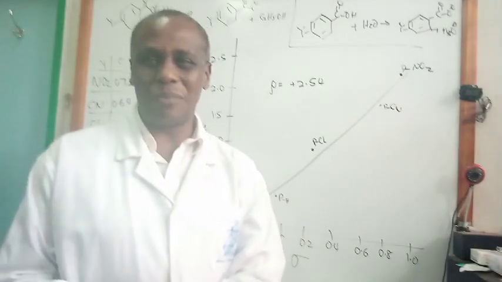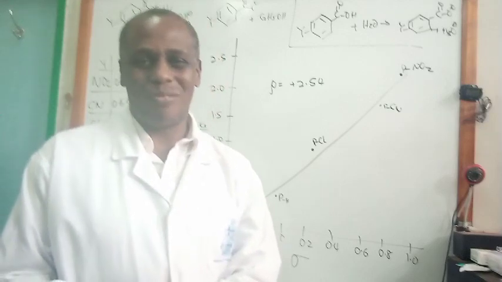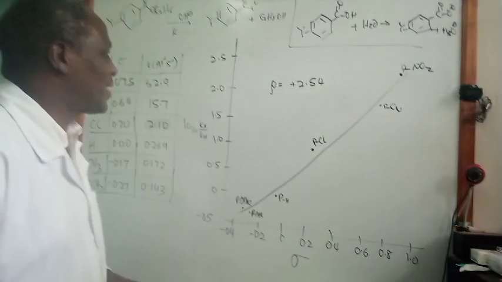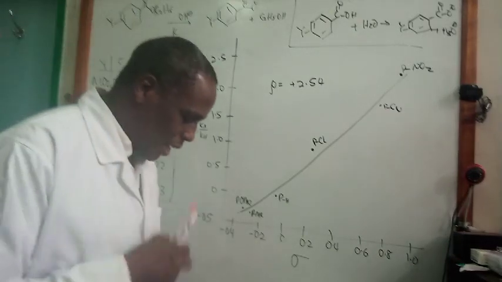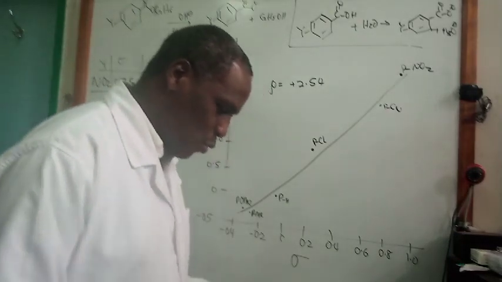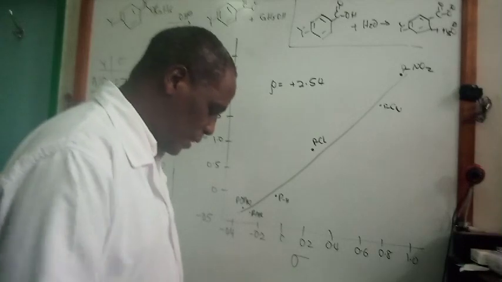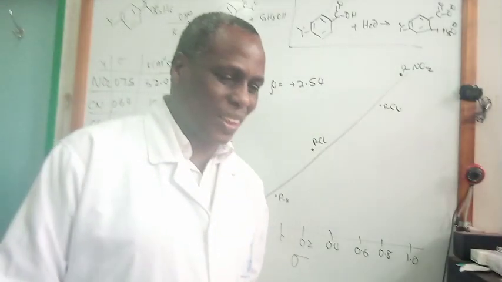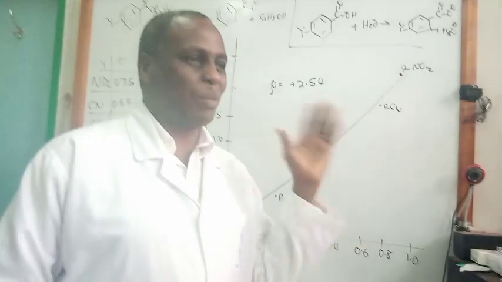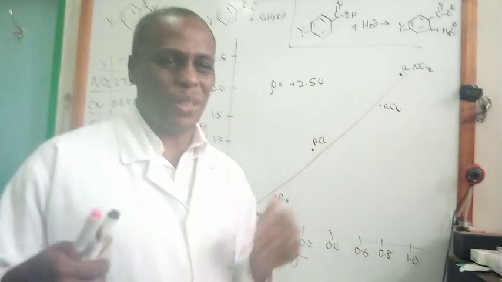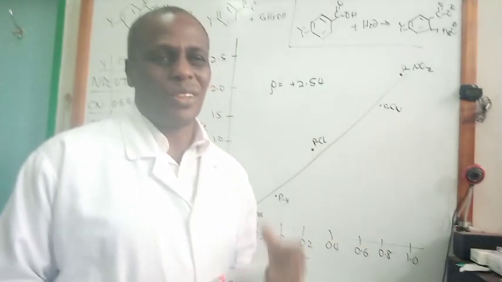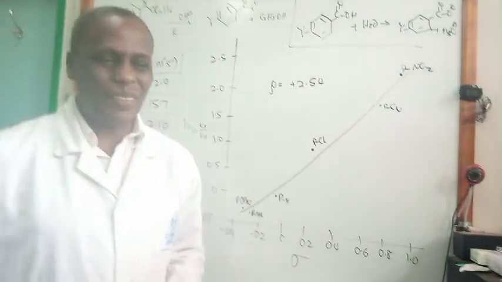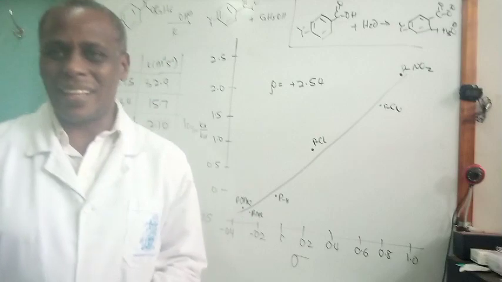But that one I'm going to come to later. Now that we've looked at this equation, later I'll be giving the various equations, and then we'll be giving those rho values, and then we'll see what information those rho values give. For now, we'll focus on the linear plots.